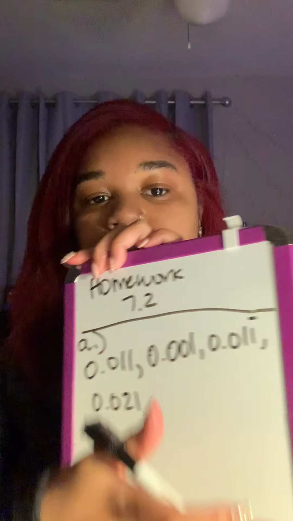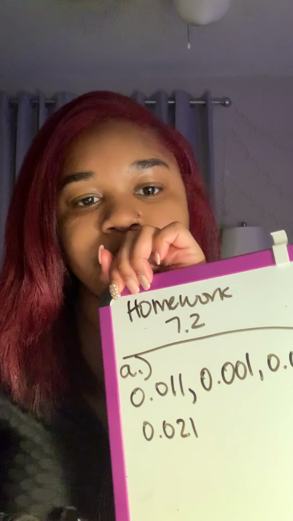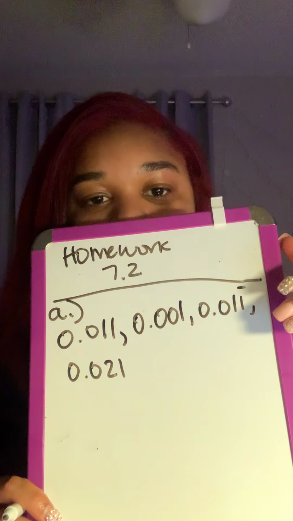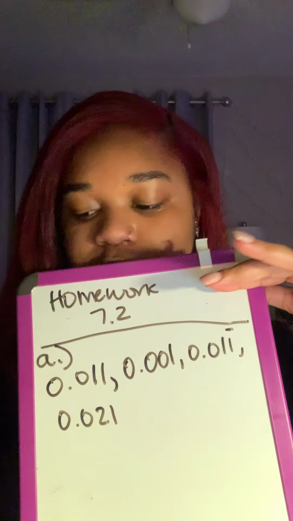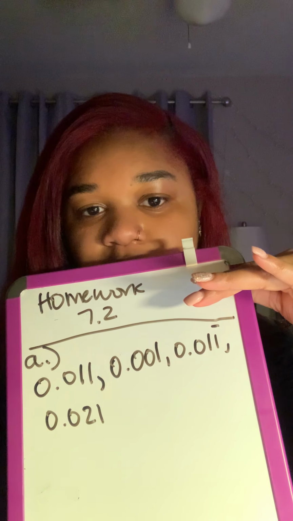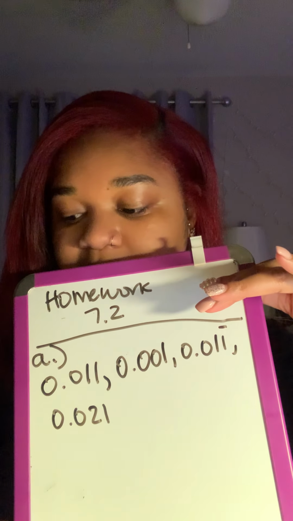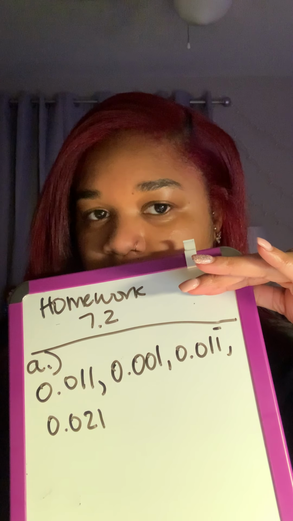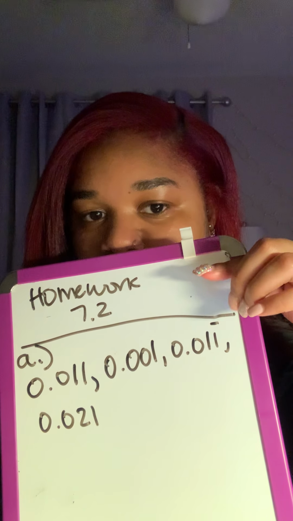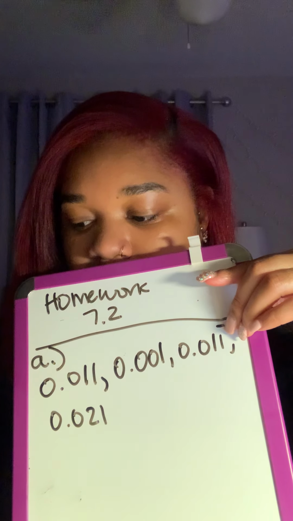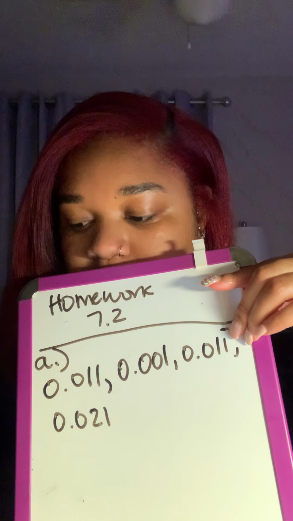This is just how the problem is written. So you have 0.11, you have 0.001, you have 0.011 again with a line on it because it's a repeating number, and then you have 0.021.